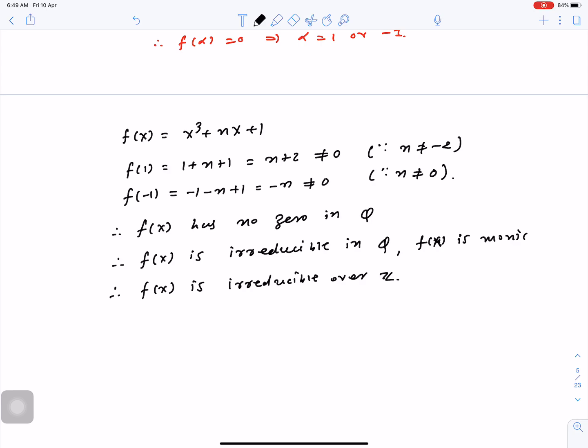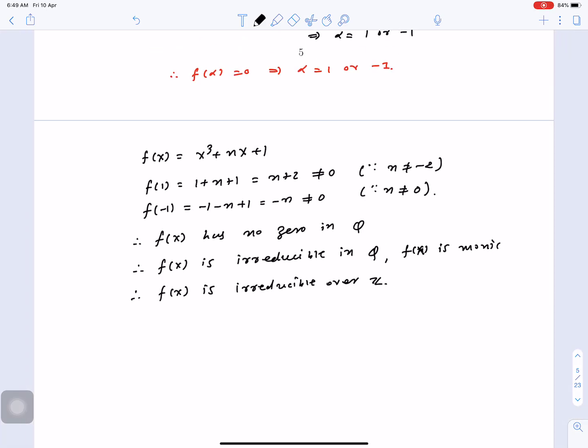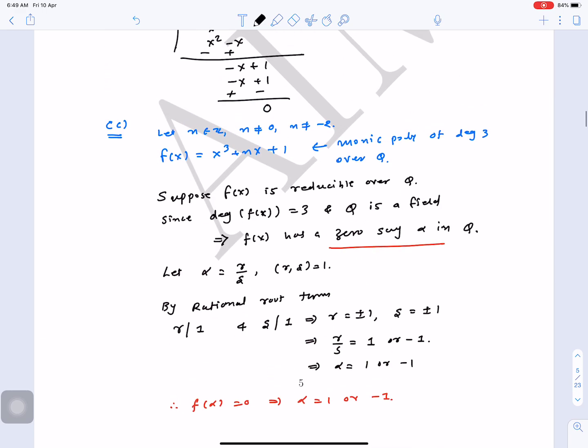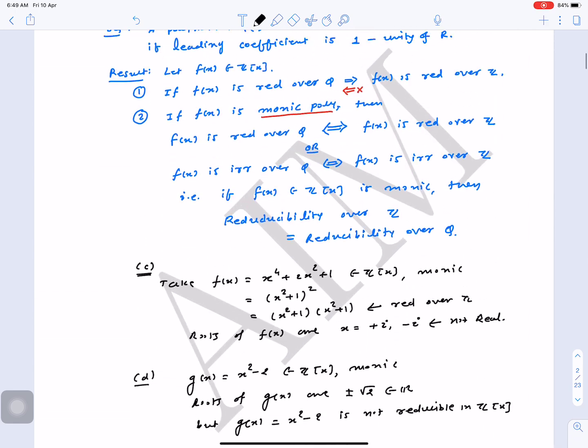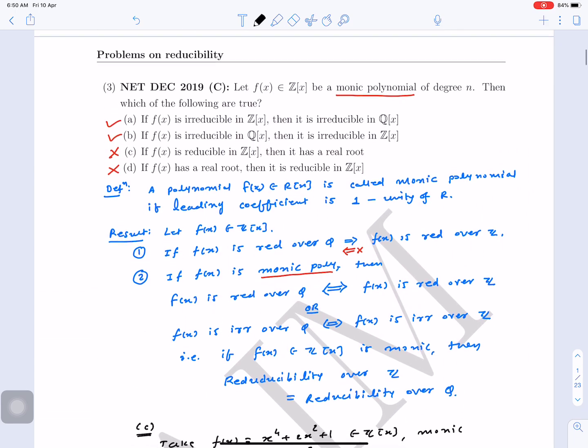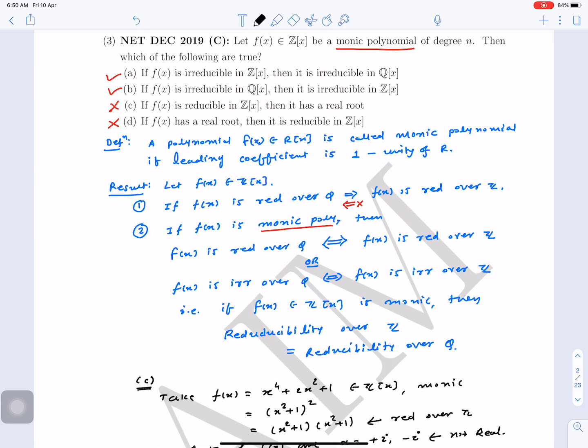And let me recall once again, here I am using the fact that f(x) is irreducible over Q and f(x) is monic. So the reducibility and irreducibility will coincide over Z and Q whenever f(x) is a monic polynomial, and we have studied the result. Let me show you that result in problem number 3. So you just go through this result once again.